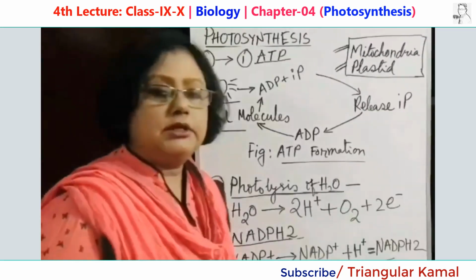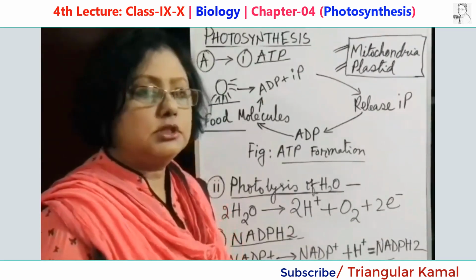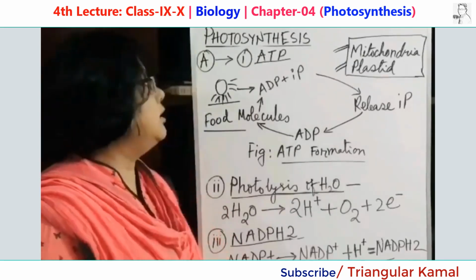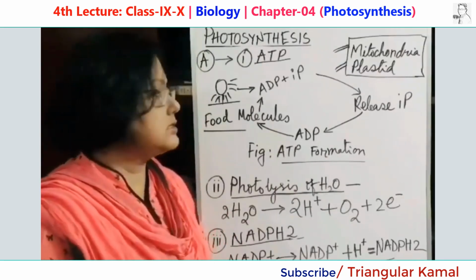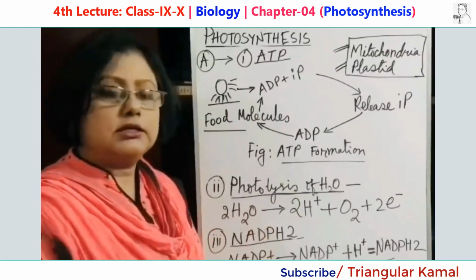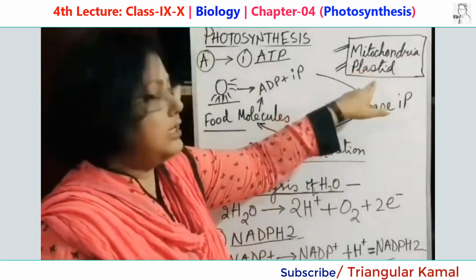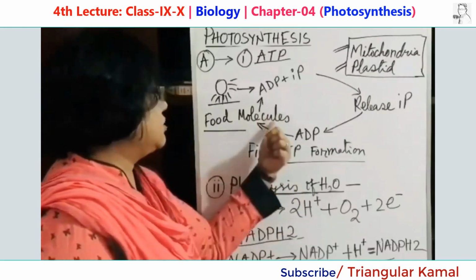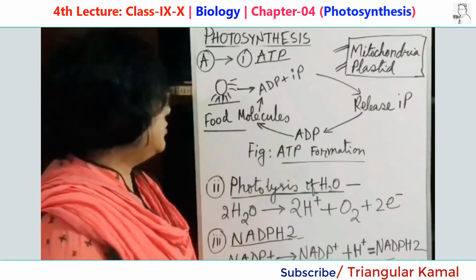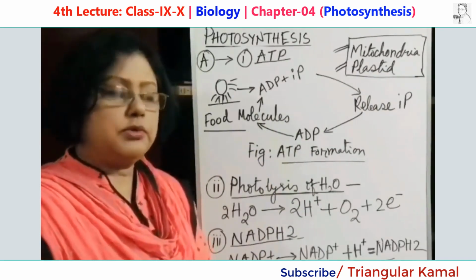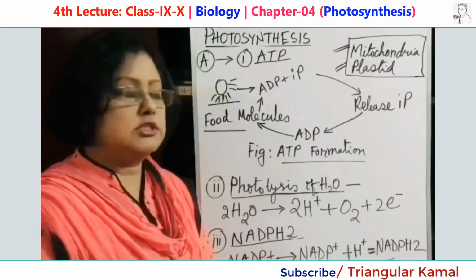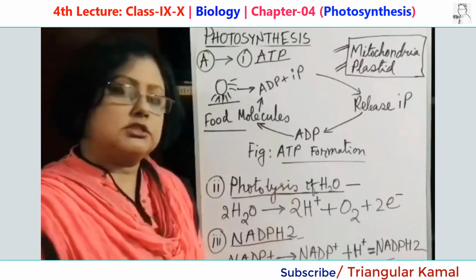We have already learned that 3 things are produced in the light dependent stage. How is ATP produced in plants? There are 2 cell organelles that are involved in the production of ATP. What are those? Mitochondria and plastid. And now we are talking about plastid. If I talk about the plastid or chloroplast, where ATP is produced, you need to know the structure of the chloroplast.